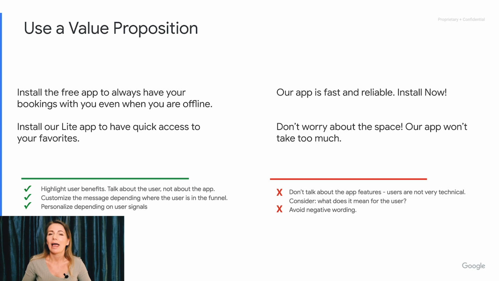Do not use any complex terminology like PWA. And another more general rule, avoid negative wording. For example, if people see something like, don't worry about this, then there is a follow-up question appearing in the head, like, why should I be worrying?